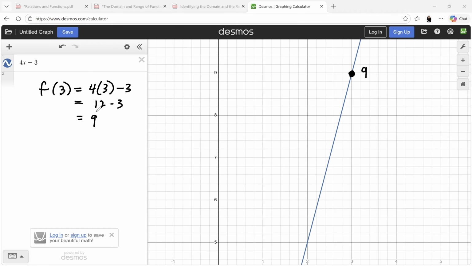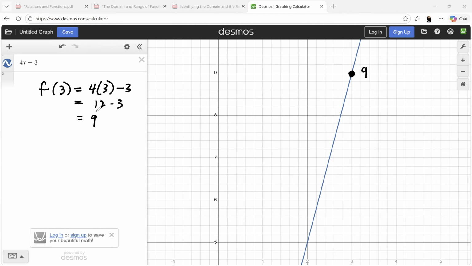Right? So in the same way, Atina, how I could tell you to find the corresponding f of x value when I give you a value of x, like what f of 3 was, I could give you the f of x value instead. F of x is your y value. So instead of giving you your x value, I'm going to give you your y value, and you are going to tell me what the corresponding x value is.